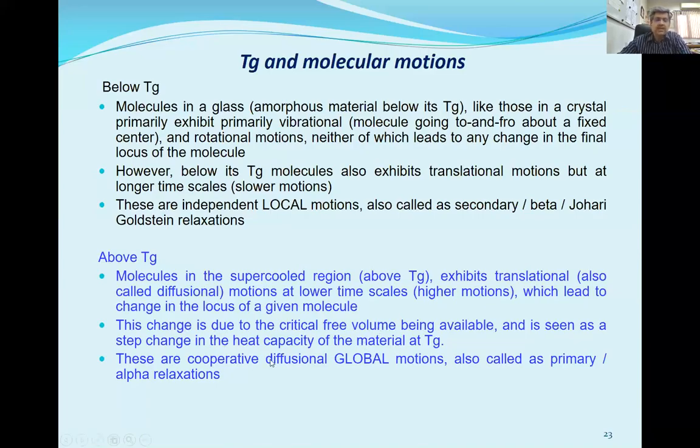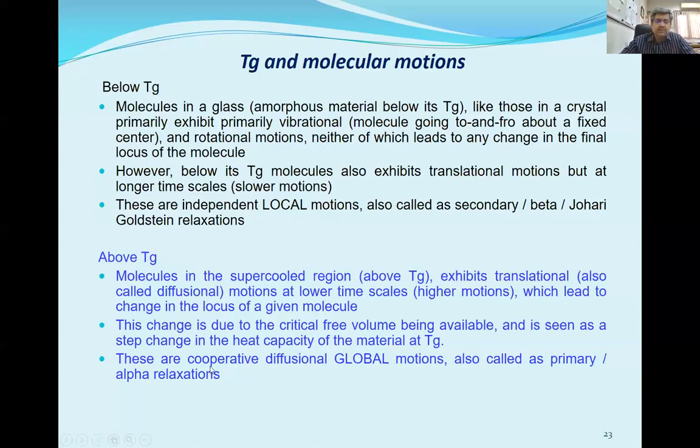So these motions that occur above Tg are cooperative in nature and they are diffusional global motions. Now what we mean by this term cooperative diffusional global motions is that these motions are not occurring in the individual molecules, rather they occur in a group of molecules, which means the single molecule is cooperating with the neighboring molecules for these motions, and all of them move together rather than individually moving from one place to another or individually showing the motions.